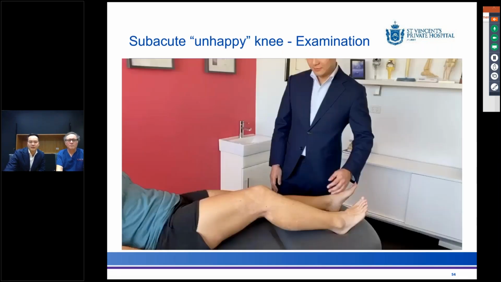Now we'll go on to the next scenario. Now we're just going to change USB over just to get the video uploaded, play more smoothly.